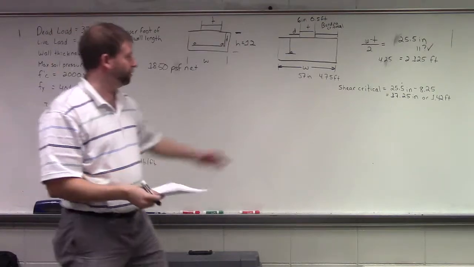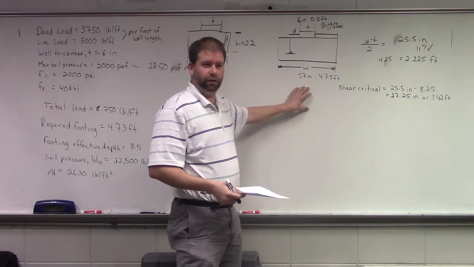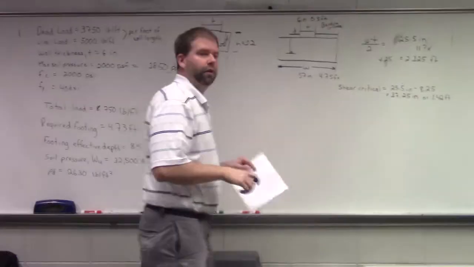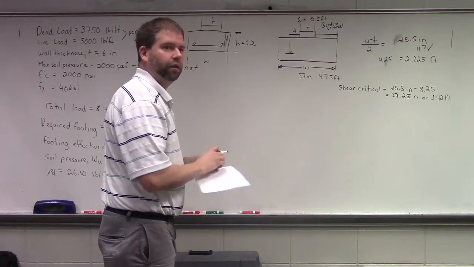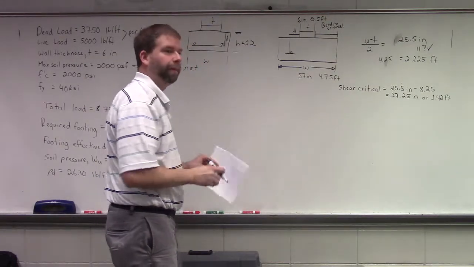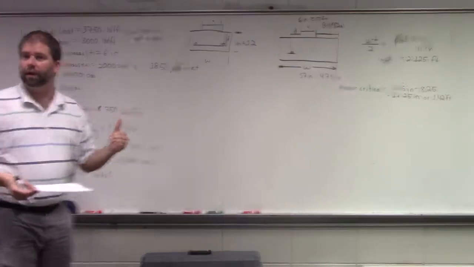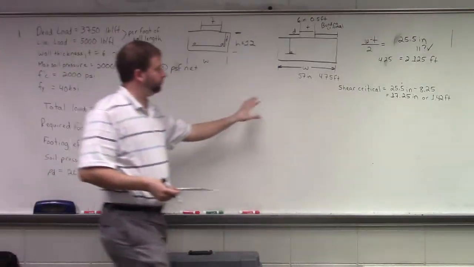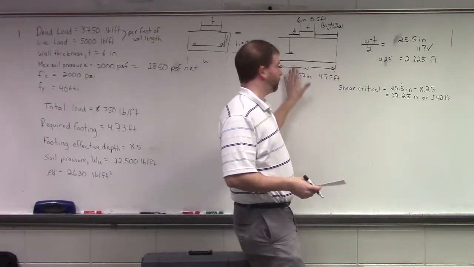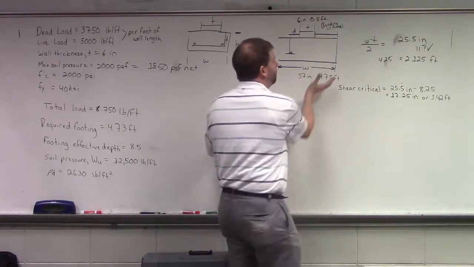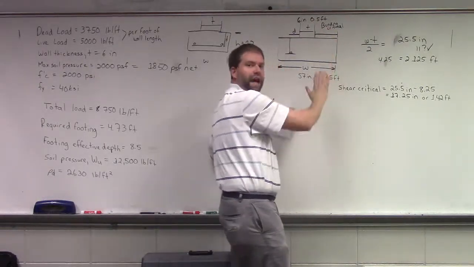Did we get that far, or did we stop here? We did one more step. We started on 9, but I think most of us backed up the soil. It's the soil pressure times your critical shear dimension. Remember, that direct pressure being applied on the base of your footing is trying to shear. It's also trying to bend, but we have to look at the shear and the bending.